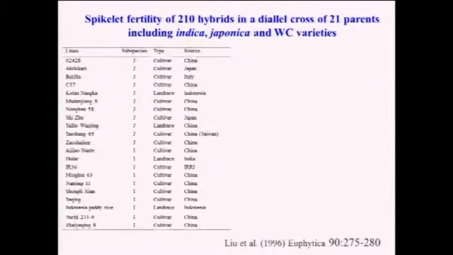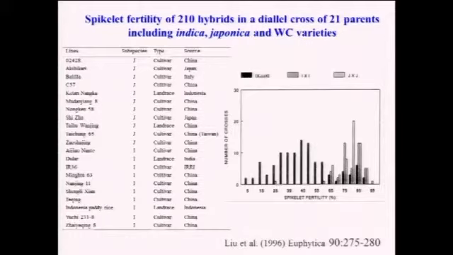To see the extent of such a problem, we made some analysis, taking a diversity of germplasm with representatives from many countries. We made a diallel cross to see the extent of such hybrid sterility in rice.